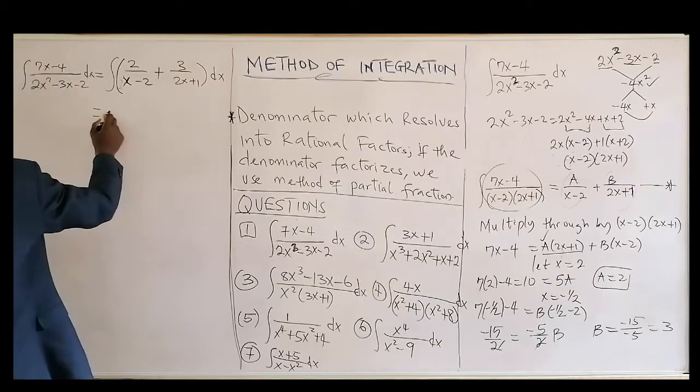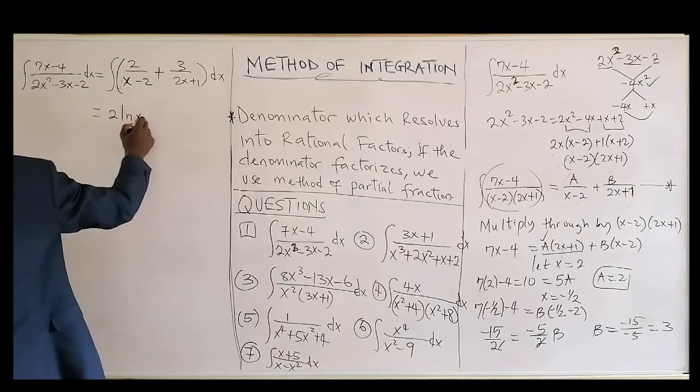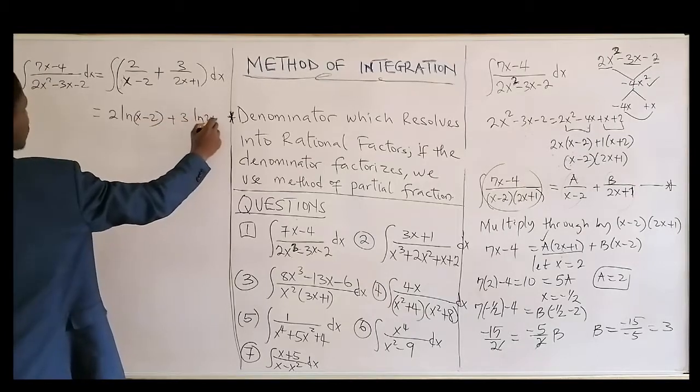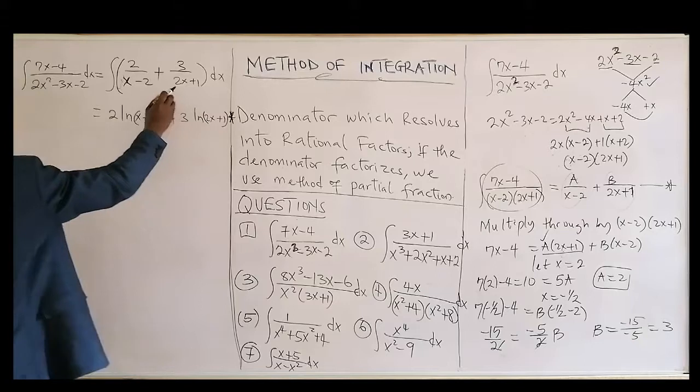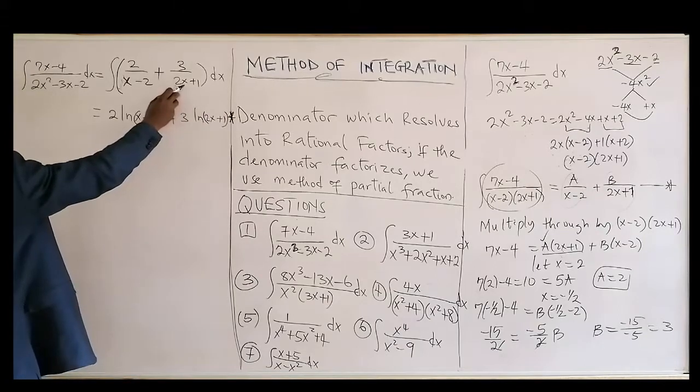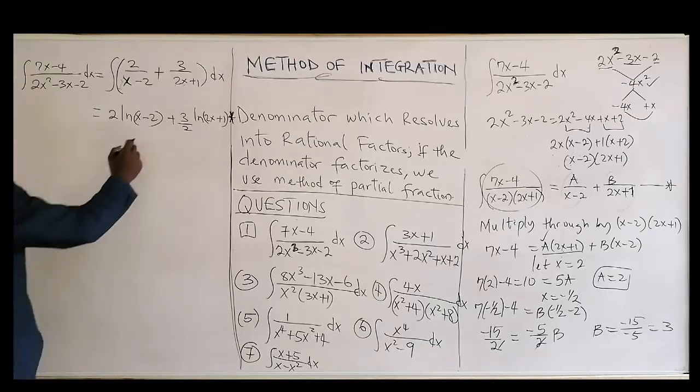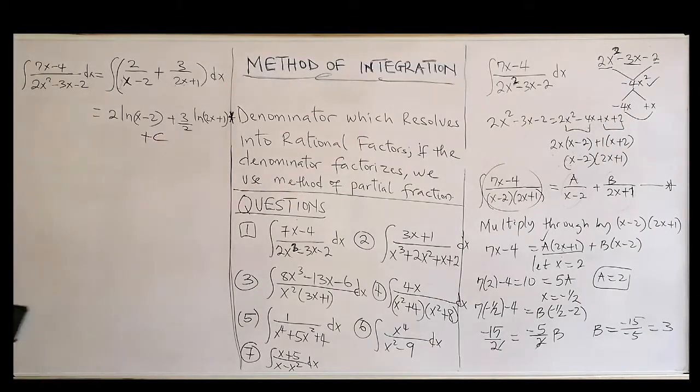So the final answer will be 2 ln (x minus 2) plus 3 ln (2x plus 1). And don't forget, there is a constant that multiplies your variable, so we have to divide by that constant, over 2, and then plus c. So that's that for question number 1.